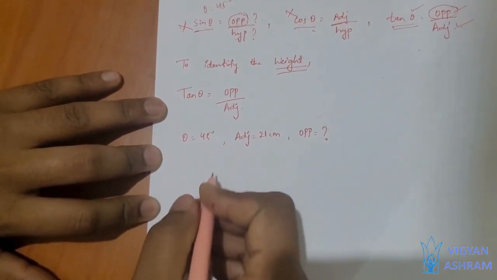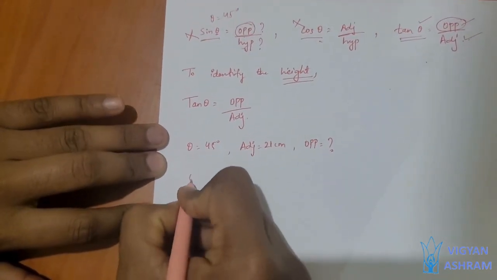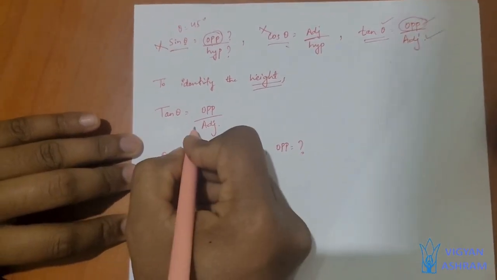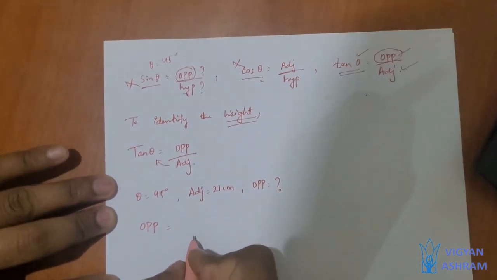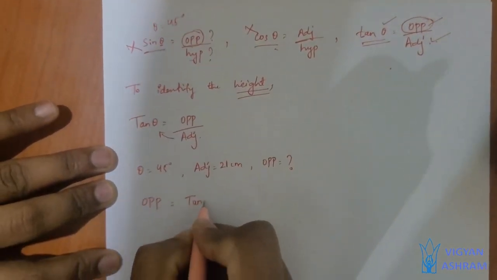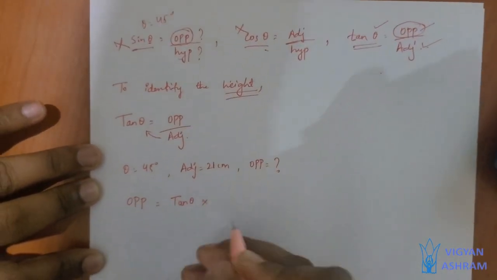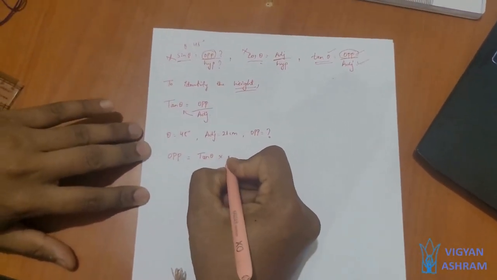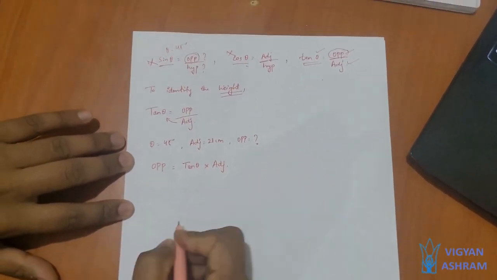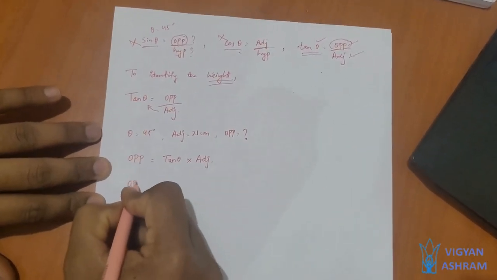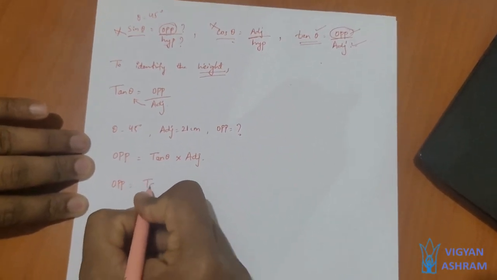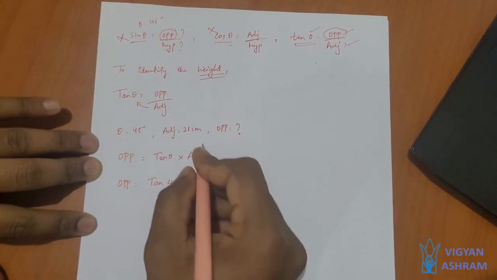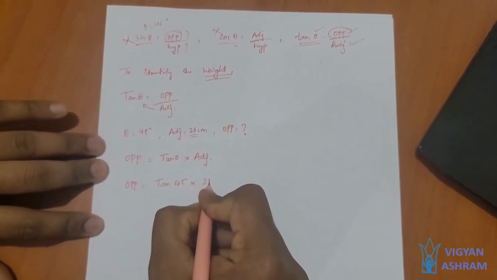So to find opposite, the formula will be changed: this will go on the other side, so opposite is equal to tan theta into adjacent. So opposite is equal to tan 45 degree into adjacent. Adjacent is nothing but 21.